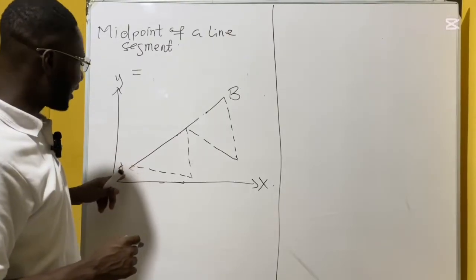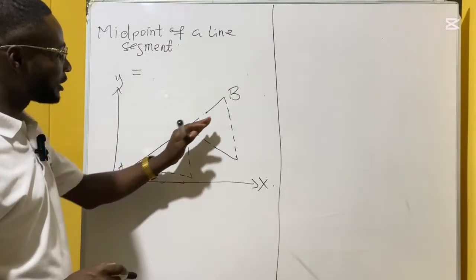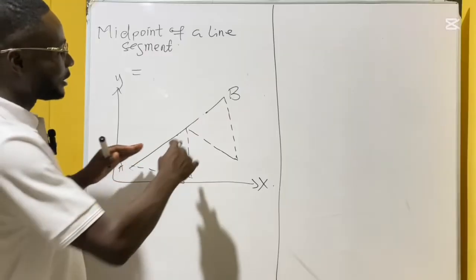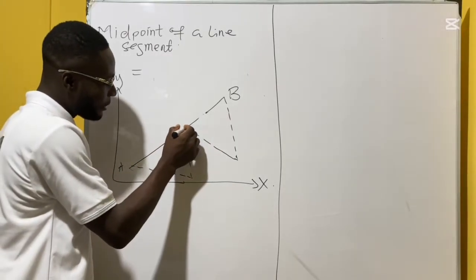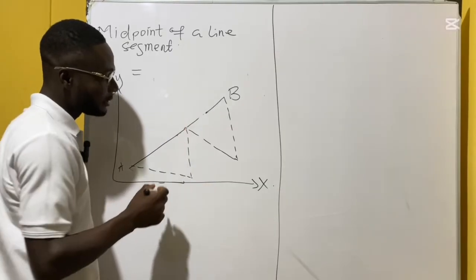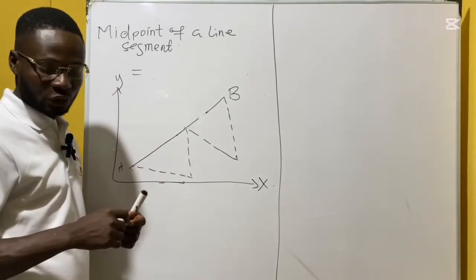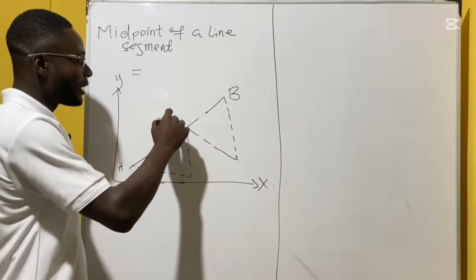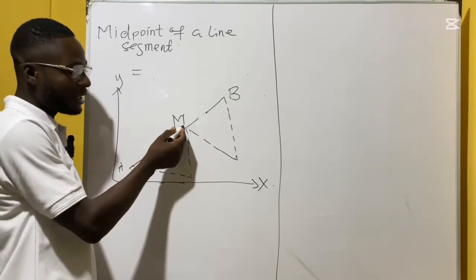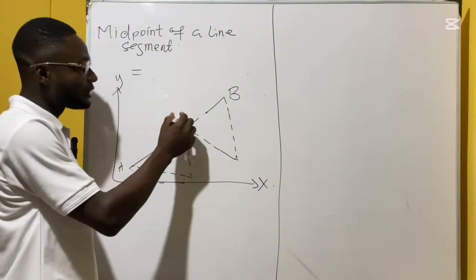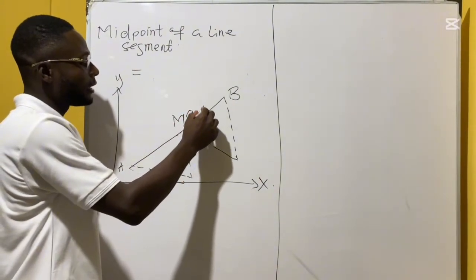So that is line AB and we obtain a triangle on these lines, right? So let's assume that this is the midpoint of this line AB. So let's say we are naming this part M, okay? And the coordinates here are basically x and y.